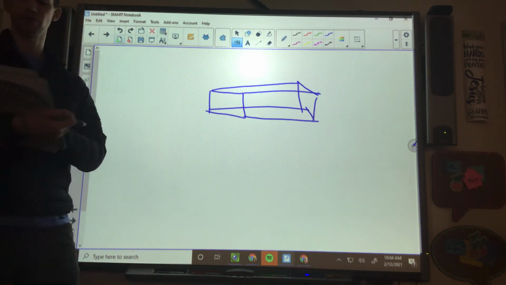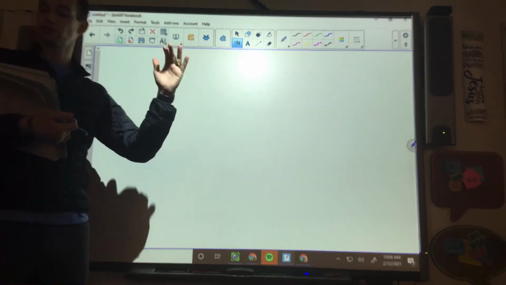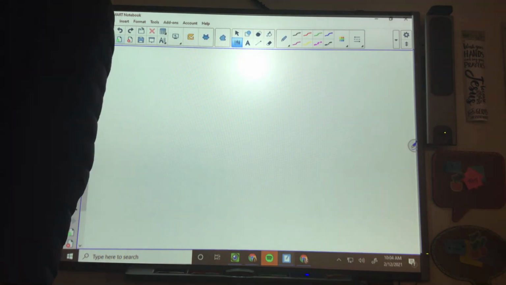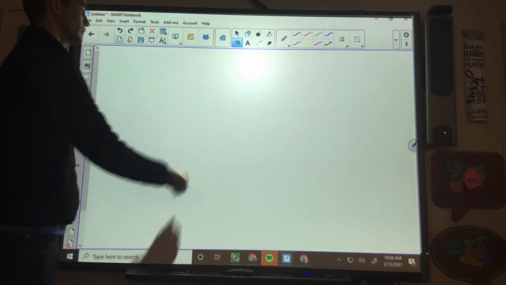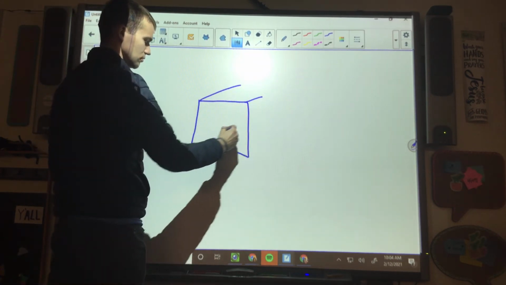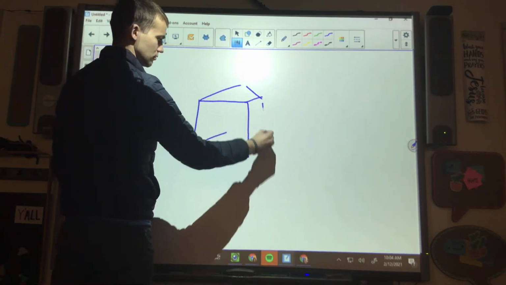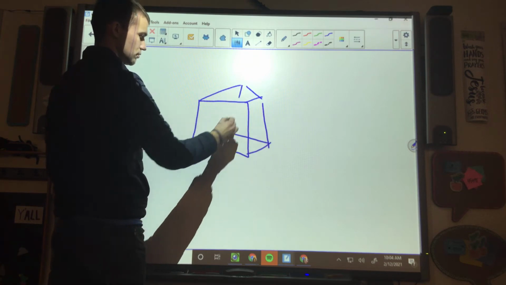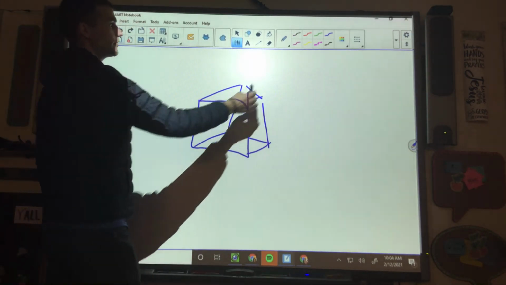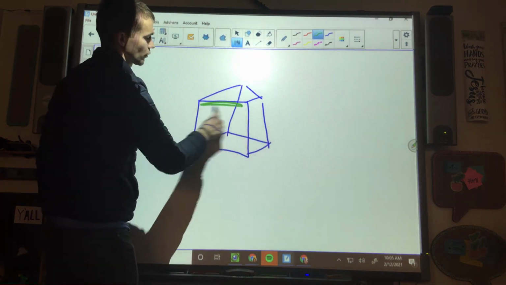Alright, let's go to page 235 then. It just says, describe a solid by its faces, edges, and vertices. First of all, we gotta talk about what a face, edge, and a vertice is. Where does it say that? So a face, you're gonna write this down.